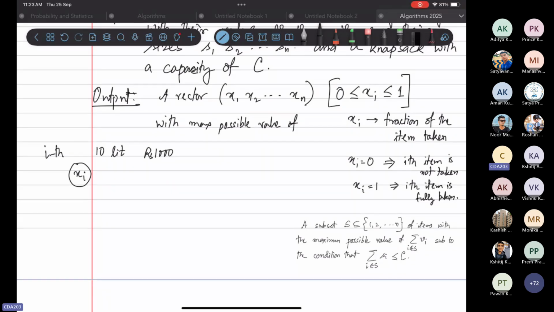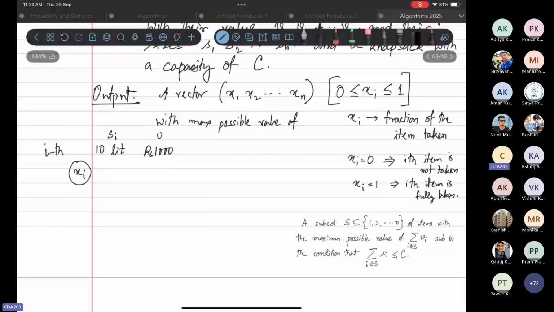That's the value. This is si, the size of that item, and this is vi. So I am saying that I'm not taking the whole 10 liters of the item in my knapsack. Rather, I'm just taking 0.2, like this fraction of the ith item. That means what amount am I taking?